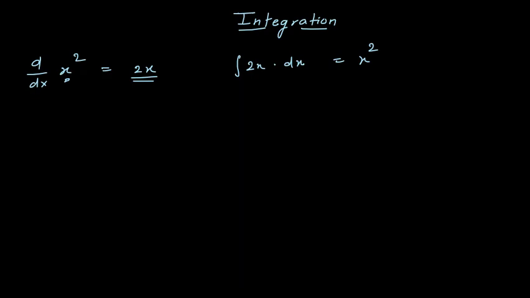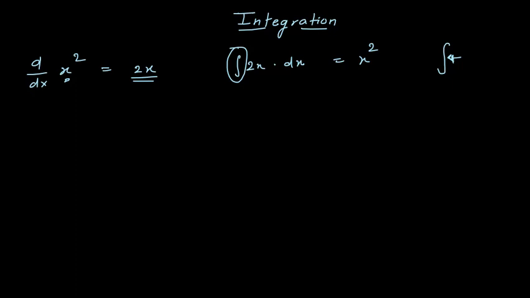Now let us understand a few things. First, this sign is the integration sign. Like when we are finding the derivative of any term, we write d upon dx or dy, similarly, when we have to integrate a function, we use this particular symbol.